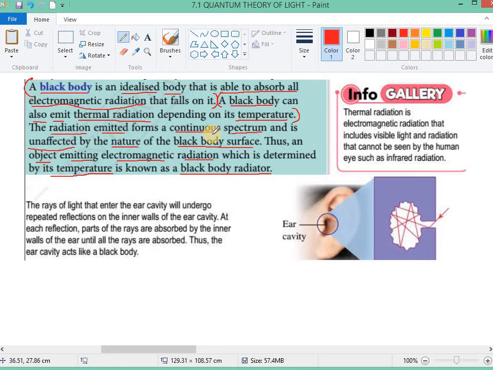Every wavelength is there, every frequency is there. And it is unaffected by the nature of the black body surface. That means you don't have to think about whether the surface is rough or shiny or whatever. We want to limit the variables as much as possible. You don't have to worry about the nature of the surface.